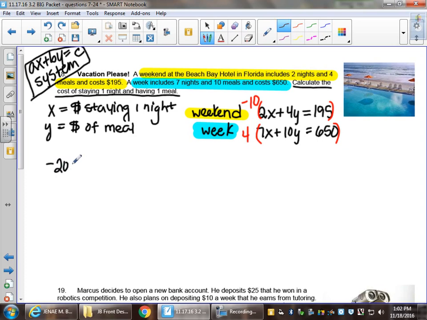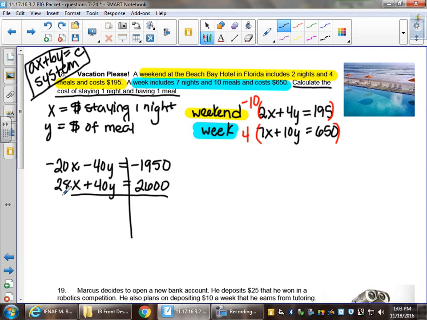So I get negative 20x minus 40y equals 195 times negative 10, which is negative 1950. Multiplying the second equation by 4, we get 28x plus 40y equals 650 times 4, 2,600. Now if we've done our multiplication right, we should have inverses.